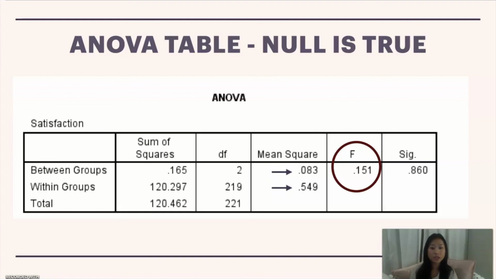If you can imagine, this would mean that the bell curve is just ever so slightly different for every single one of the groups, and they're all very close to that average mean, and that gives us a very small F value of 0.15. In this example, the p-value testing for the F value against that null hypothesis is 0.86. So we cannot conclude that there is any difference among the groups due to the independent variable.